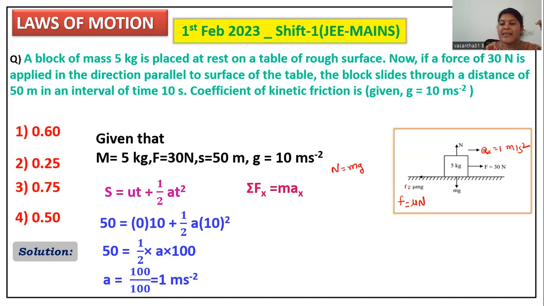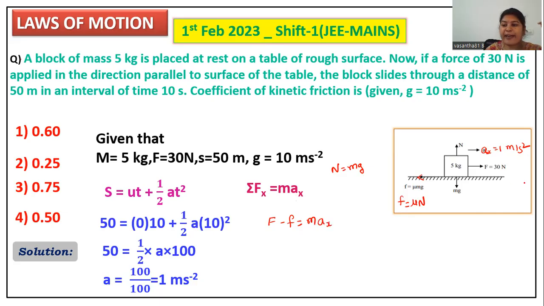So the frictional force f equals mu mg. This is the direction of the frictional force. Then capital F minus small f equals mass of the body into acceleration along that direction.